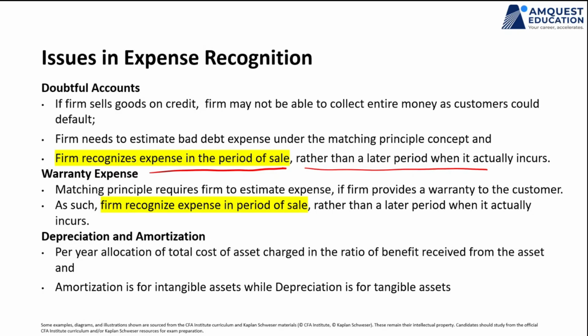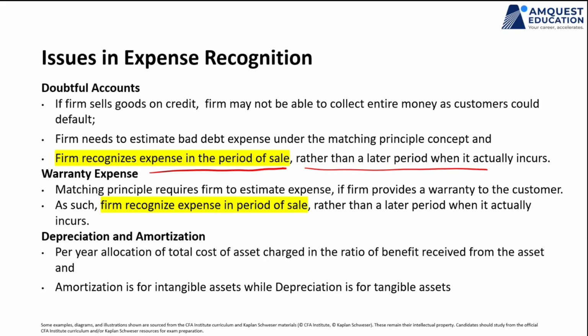If the company has sold a product, they should have a fair estimate of how much they will have to pay in case a warranty related expense comes over. Therefore, in such cases also, the firm should recognize the expense in the period of sale and not when it actually occurs. The customer may come back to you after 3 years, but if you think there's a 10% possibility of you paying these expenses, then recognize it upfront.